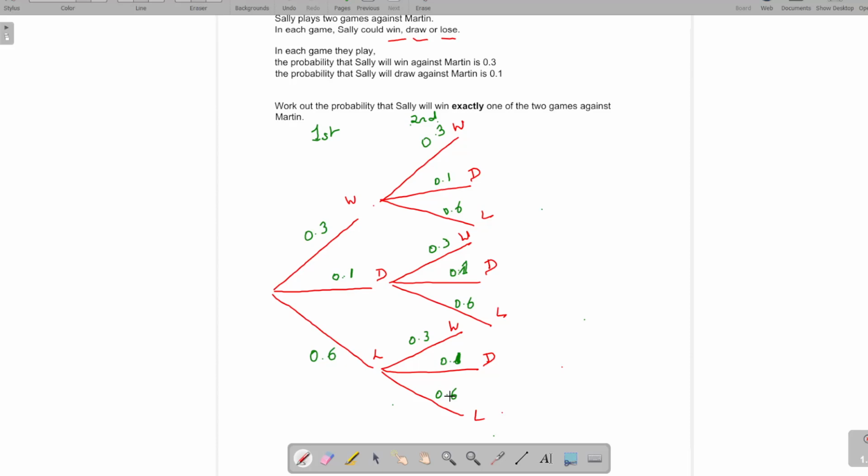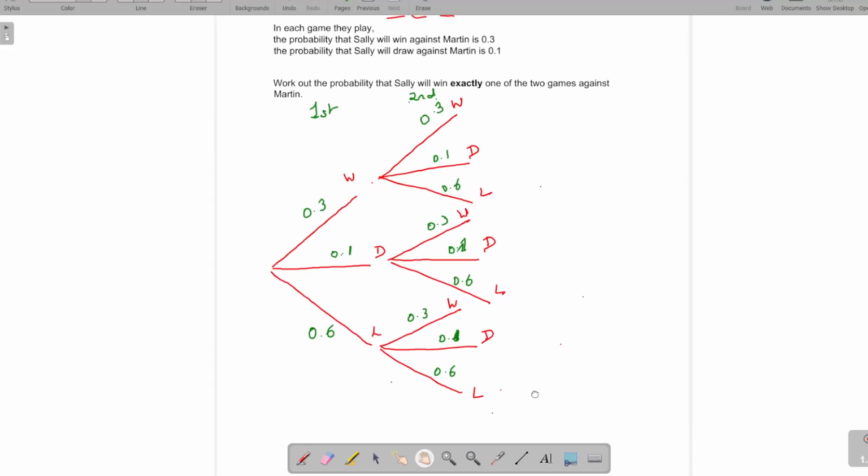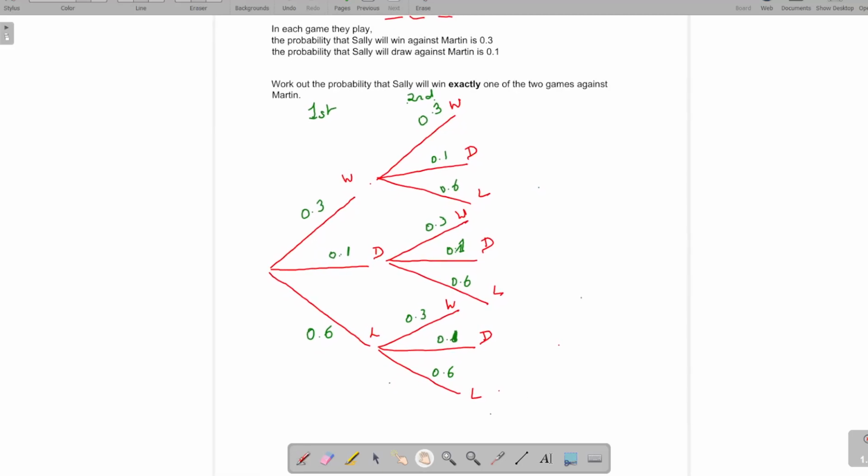Right, work out the probability that Sally will win exactly one of the 2 games against Martin. Exactly one of the 2 games. So that is this branch, win and draw, 0.3 times 0.1. Win and lose, 0.3 times 0.6.